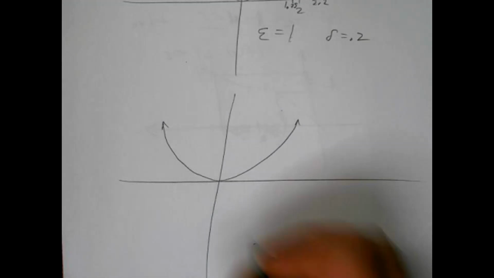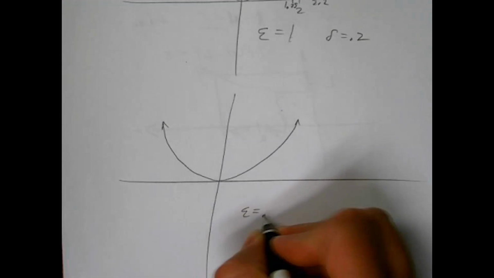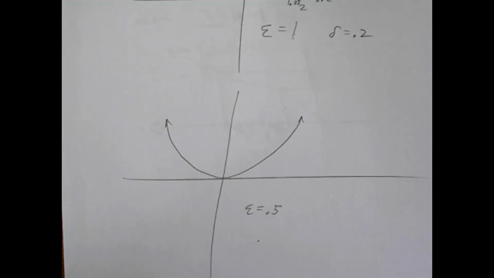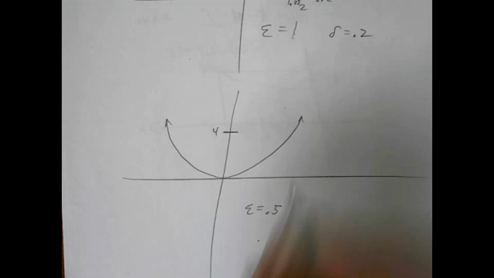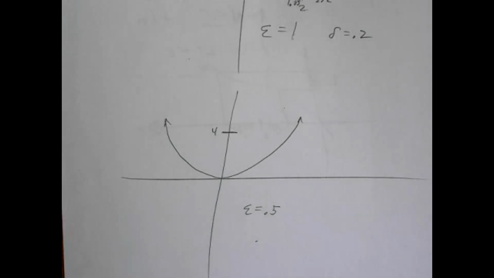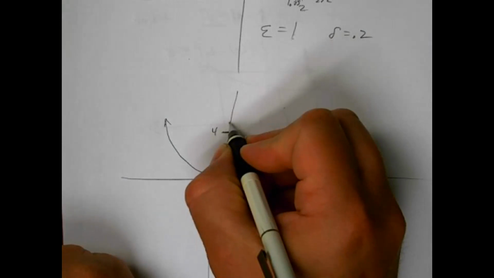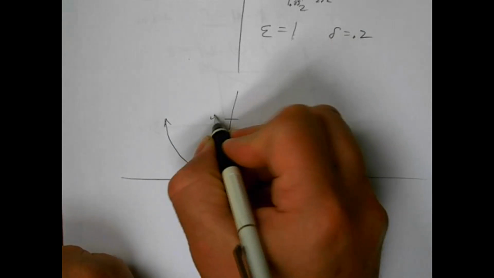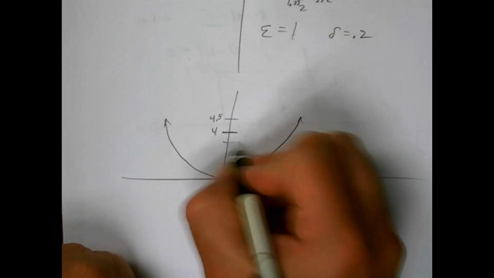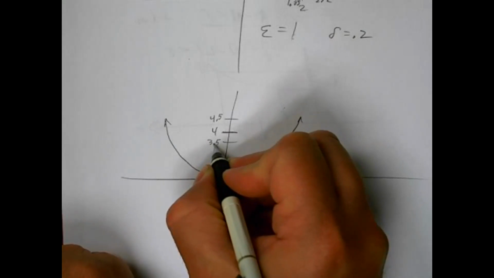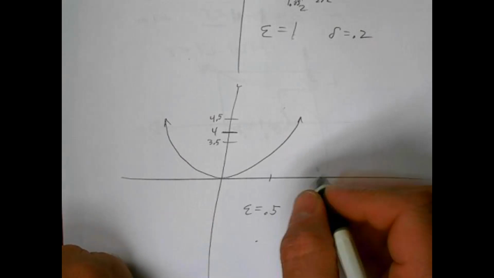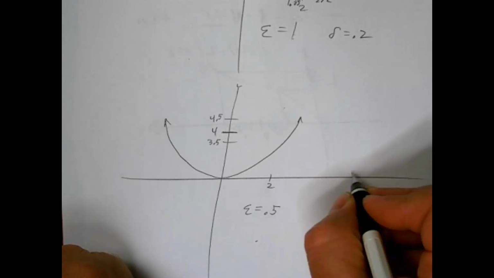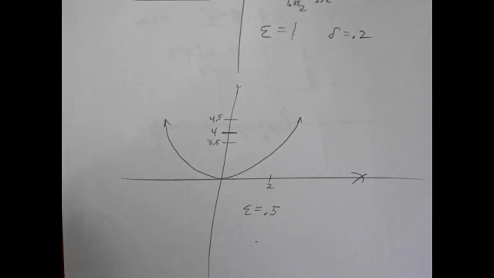Here's your new challenge. Epsilon's 0.5. If you say that the limit is 4, then you should be able to get even closer. You should be able to get somewhere between 4.5 and 3.5 on the y-axis just by getting close enough to 2 on the x-axis.